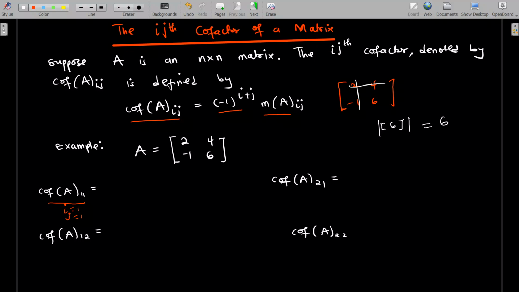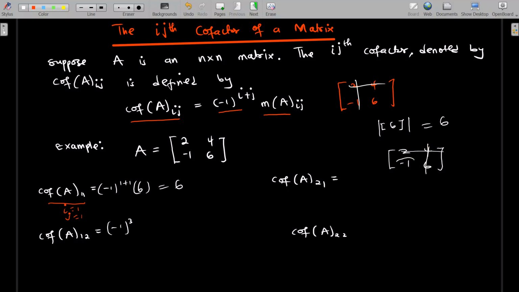So the cofactor is (-1) to the i plus j, that is 1 plus 1, times the minor, which is 6, the determinant of that 1 by 1 matrix, and this is 6. In the same fashion, this is (-1) to the power 3, that is 1 plus 2, and the minor 1, 2 is writing your matrix again and cancelling the first row and the second column.